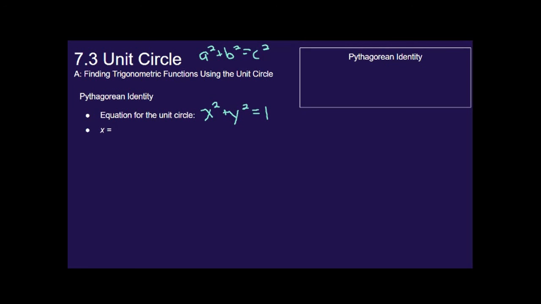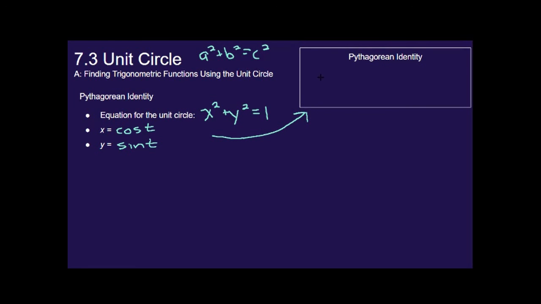We also need to keep in mind that we know what x and y are trigonometrically. X is equal to cosine of t, and y is equal to sine of t. So when we take all three of these pieces of information, we can plug them into the Pythagorean identity. If x squared plus y squared is equal to 1, we can plug cosine of t in for x and sine of t in for y in the equation of the unit circle.